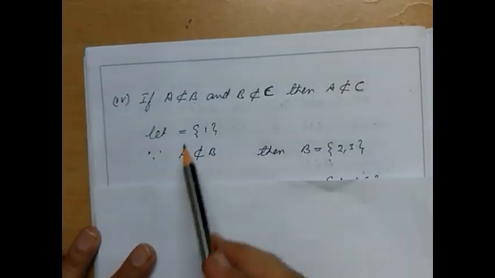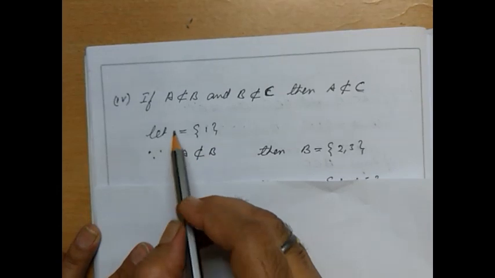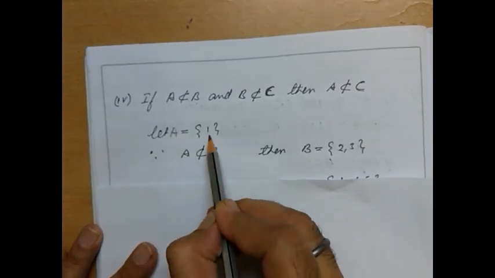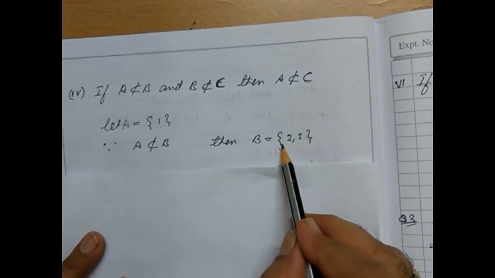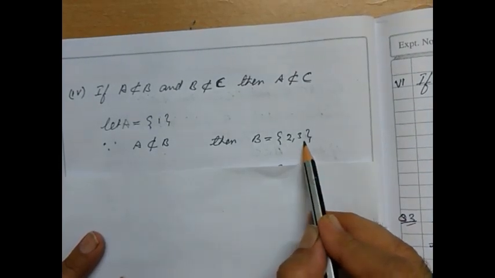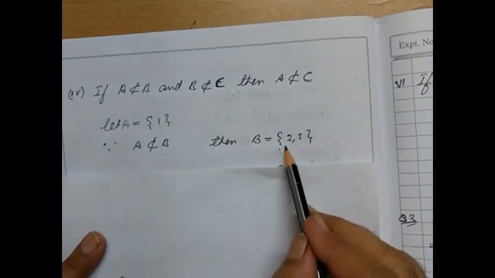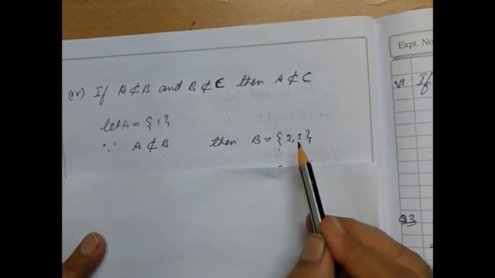So here let A be {1}. A is not a subset of B, which means that the elements present in B do not belong to A. So here we are taking 2 and 3.